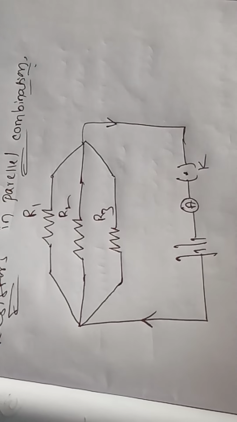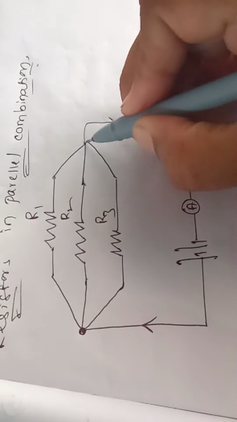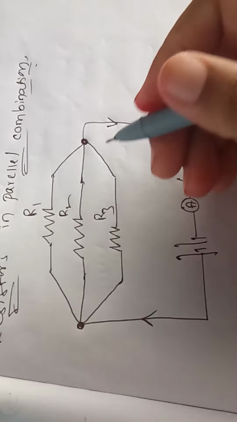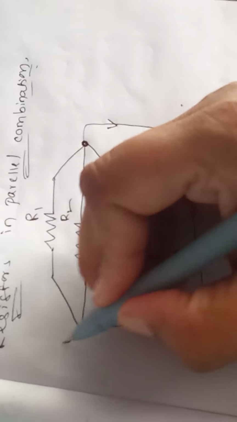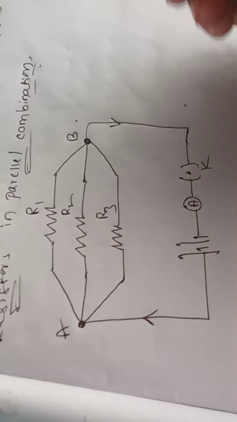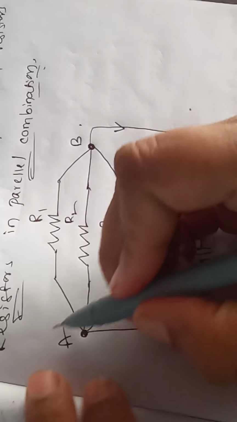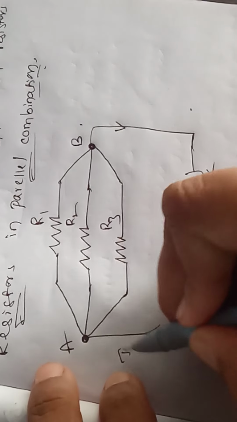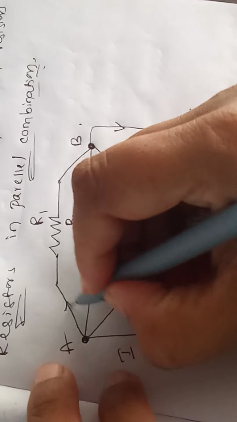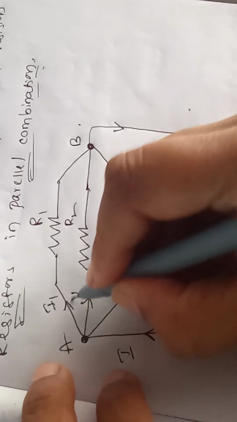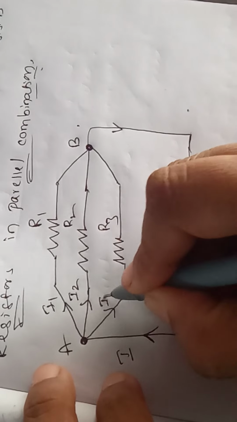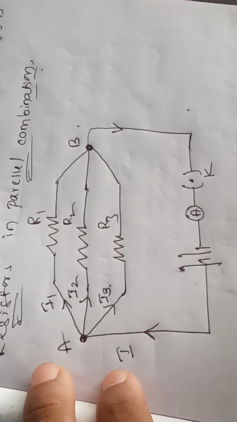Now here these are the 2 end terminals, let them be A and B. If I is the current flowing here, it divides at the junction as I1, I2, I3, right?